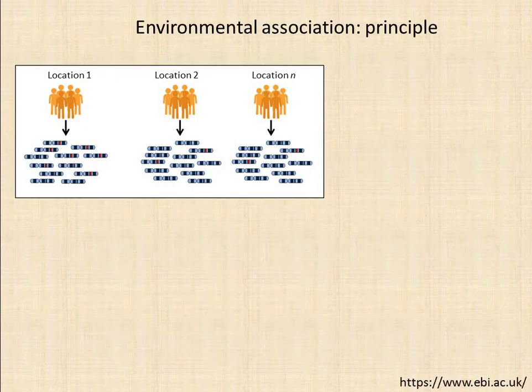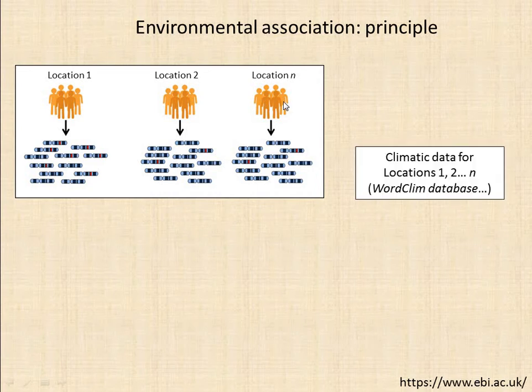Now, we can do another thing, especially with plants. With humans it's a bit more complicated because they move, but for plants we can do environmental association. So here, instead of having a trait, we will have an environment. We're going to have plants, okay, human pictures here, but it doesn't matter. So plants growing in location 1, plants growing in location 2, and another plant growing in location n.